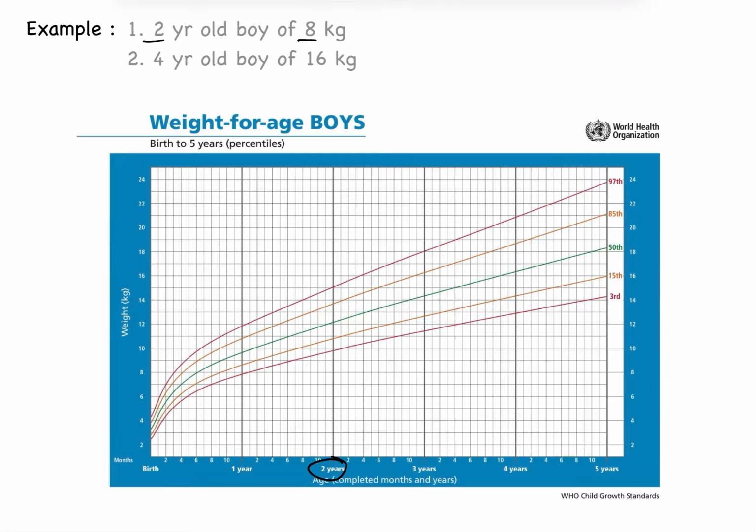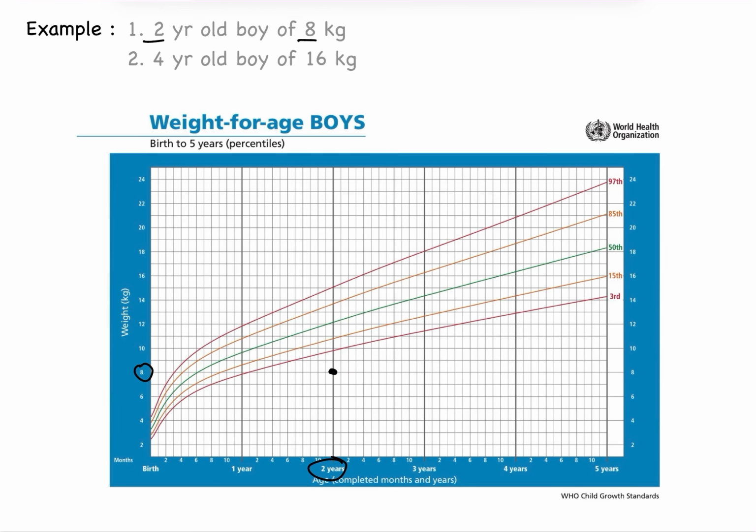Here we are plotting it. See, the third centile line is this, 97th line, center line is this. When the child lies between these two centiles, that is normal. But here, this child is below third centile, that is, he is underweight.